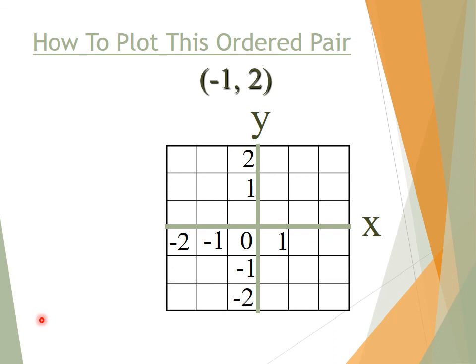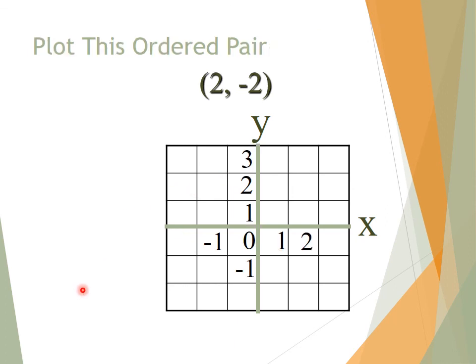Let's plot from the origin, -1 to the left hand side as it is negative on the x-axis, and upwards from the new position twice. This is 1, this is 2. So this is the position of -1, 2. And where do you think this point lies? This point lies in the second quadrant, right?